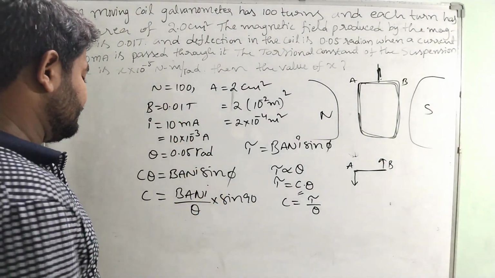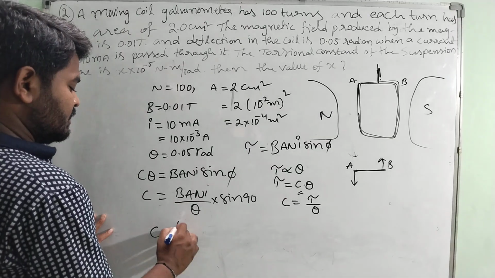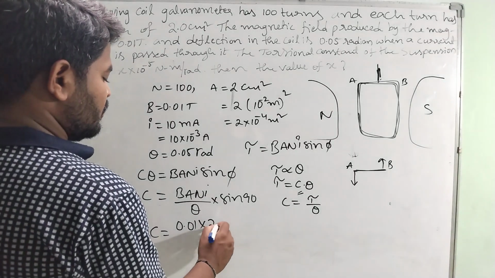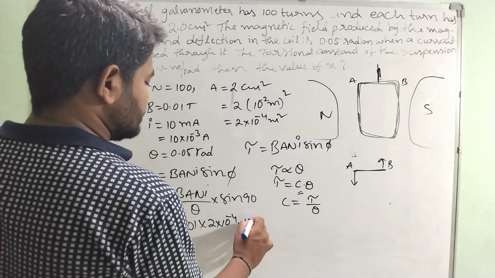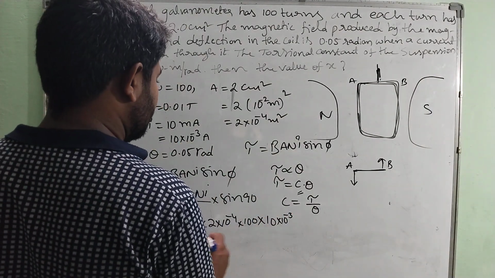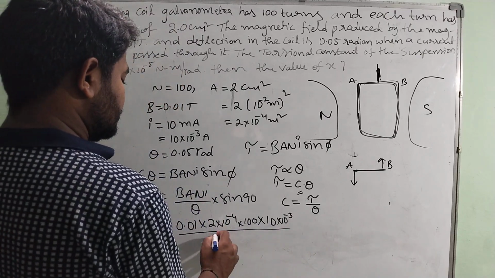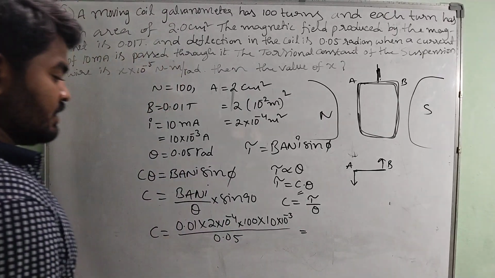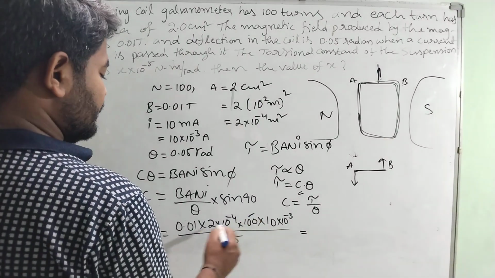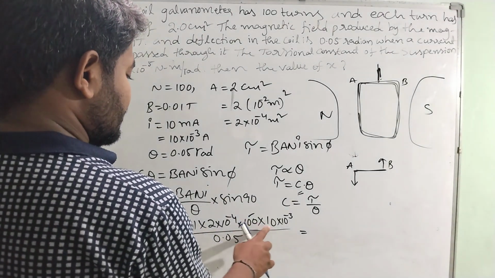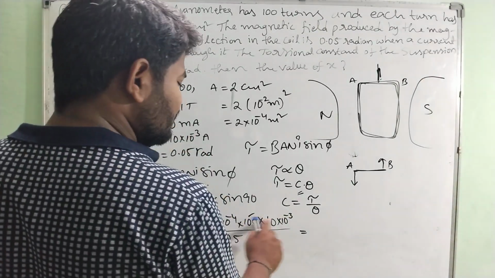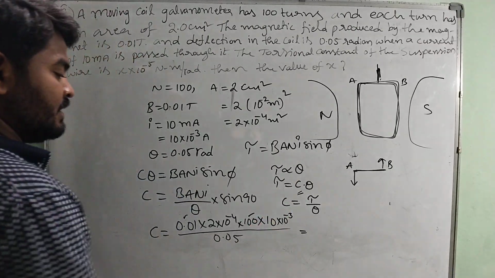Sin 90 value is 1. Now C equals B value 0.01 into area 2 into 10 to the power of minus 4, into 100, into I value 10 into 10 to the power of minus 3, divided by theta, 0.05. Let's solve this. If you multiply 100 with 0.01, it becomes 1, cancel. In the powers, minus 4 and minus 3 give minus 7, and plus 1 gives minus 6.